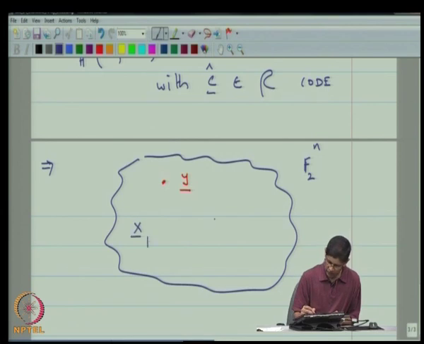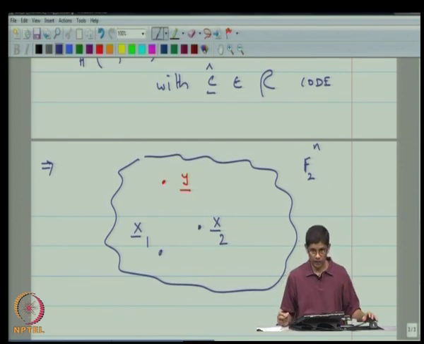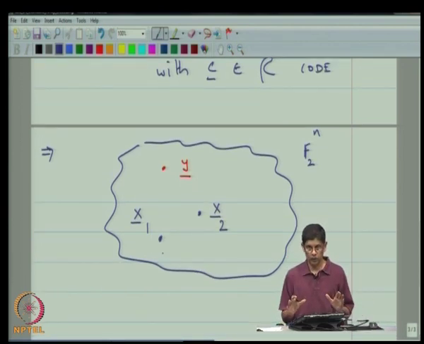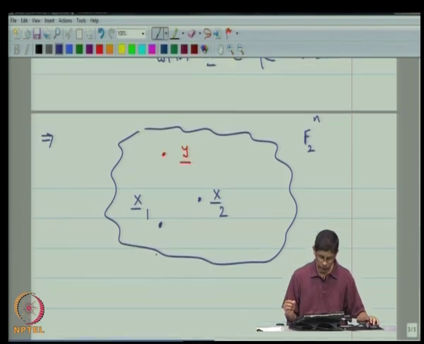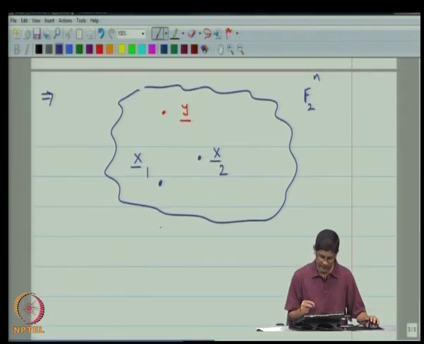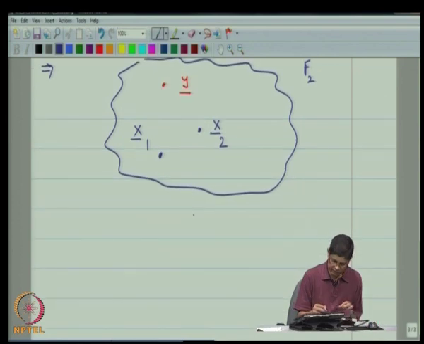So, there is a code word x 1 and there is a code word x 2, and what you are trying to do is decode to that code word which is closest in Hamming distance. Okay. So, one way of finding the closest code word is to compute y plus x 1, and let us say that this vector is E 1.